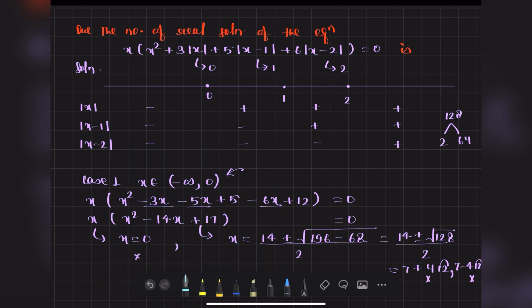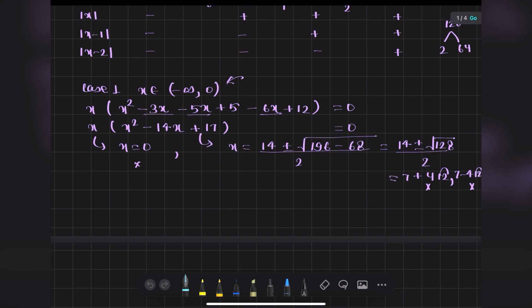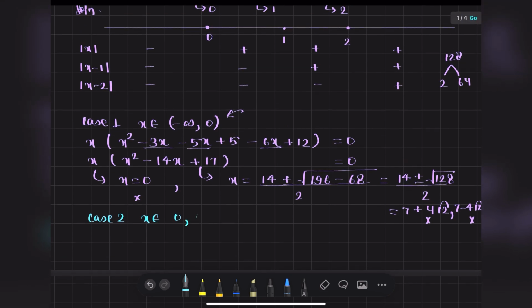Now we will go with case 2. Case 2, x belongs to 0 to 1. In the previous case you ignored 0, so you have to include 0 in this case, and it would be your call to select or reject it.